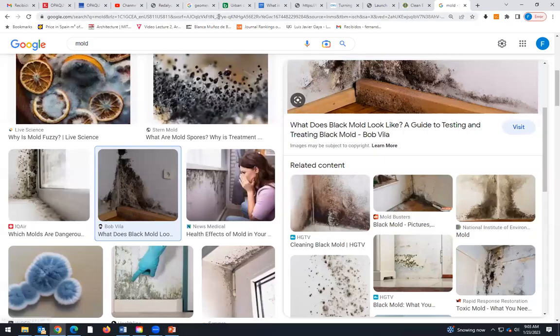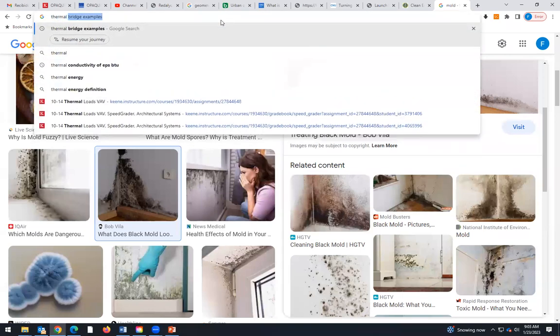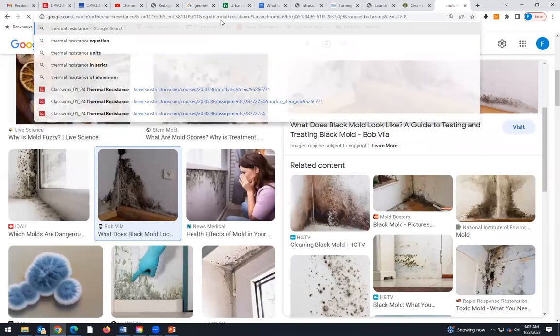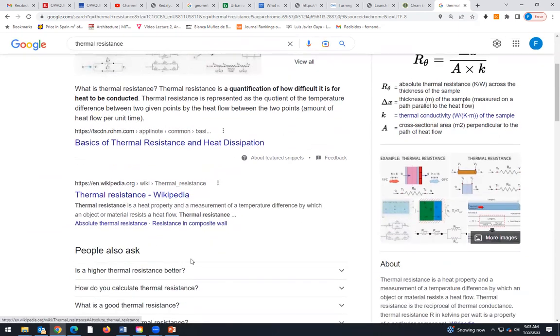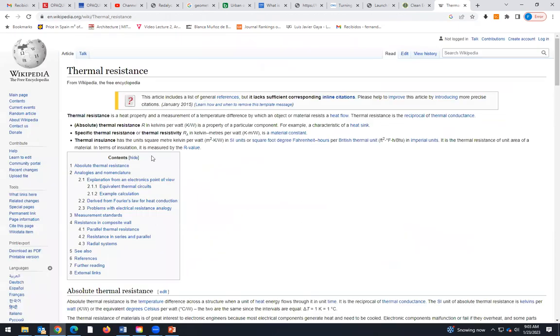The first concept is the thermal resistance. What is the thermal resistance? It's a quantification of how difficult it is for heat to be conducted. So that's the thermal resistance. Go to Wikipedia.